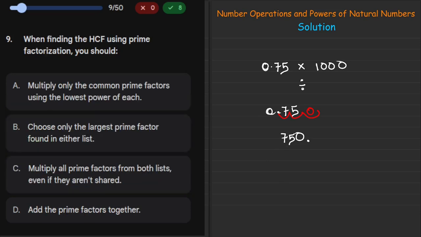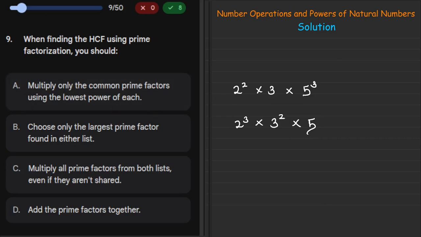Our next question says, when finding the LCM using the prime factorization, what do we do when you're actually looking for the LCM? So I'll take this example here just to explain it.